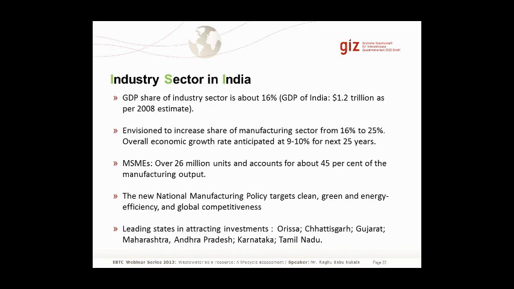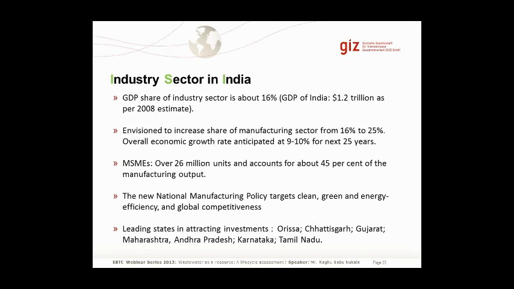Briefly looking into the industry sector, from the Government of India's perspective, they are targeting quite a big share of GDP in the industry sector in the near future, rising it from 16% currently to 25% in the medium run and even more in the long run. Growth rate is also anticipated to grow from 9 to 10% now to 14-16% in the midterm and 25% in the long run.